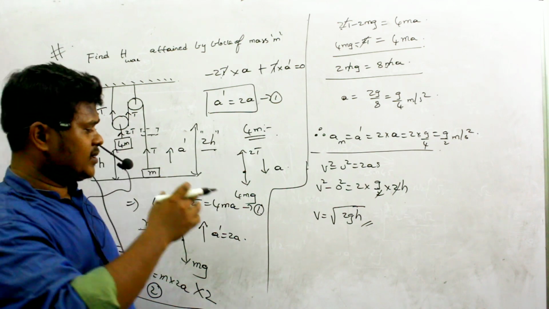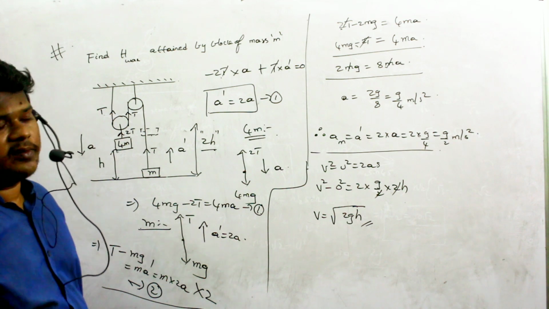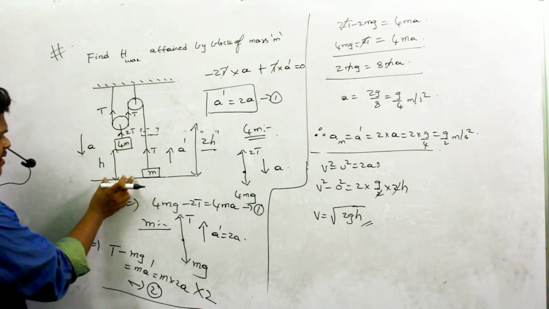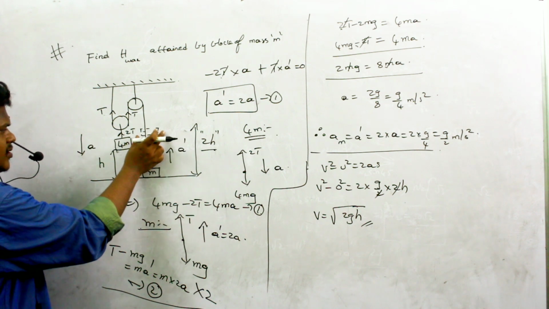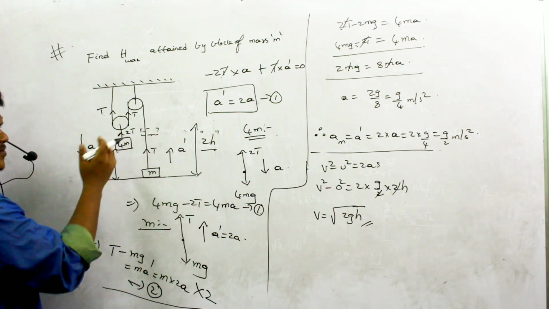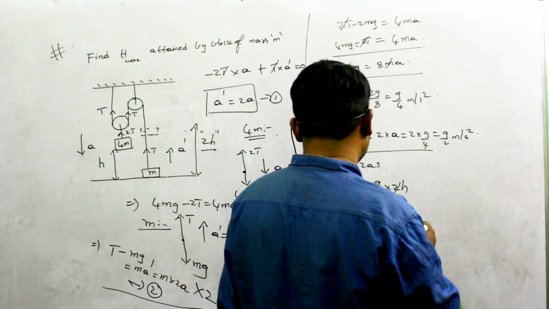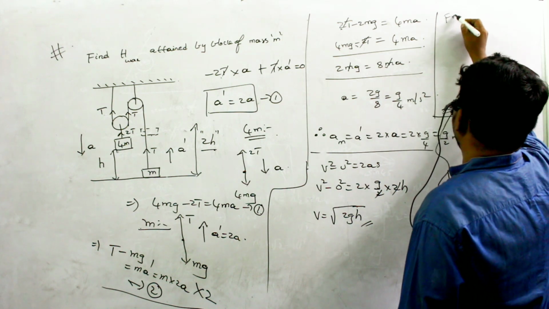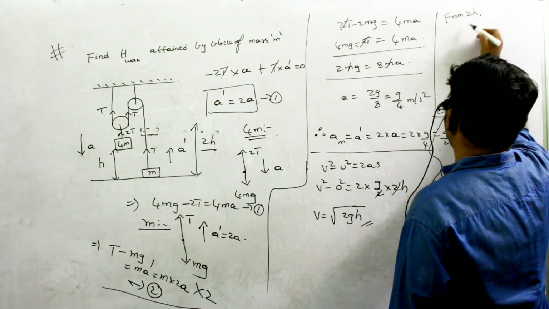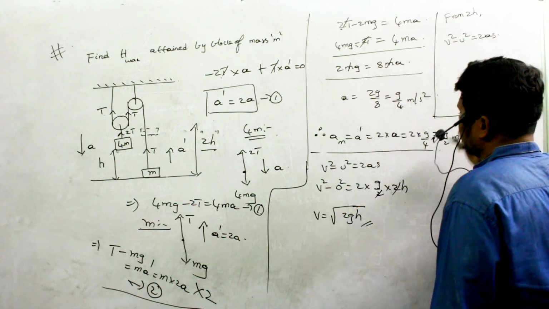Now it is moving under the acceleration due to gravity, because this body has already touched the ground. So after reaching a height of 2h, now this mass is moving under acceleration due to gravity. So again I will use the same relation. From 2h, again I can calculate v square minus u square is equals to 2as.